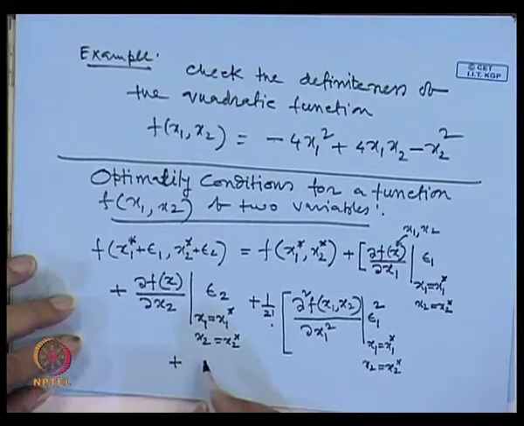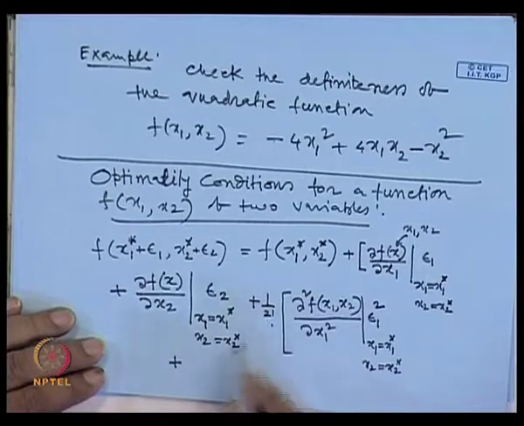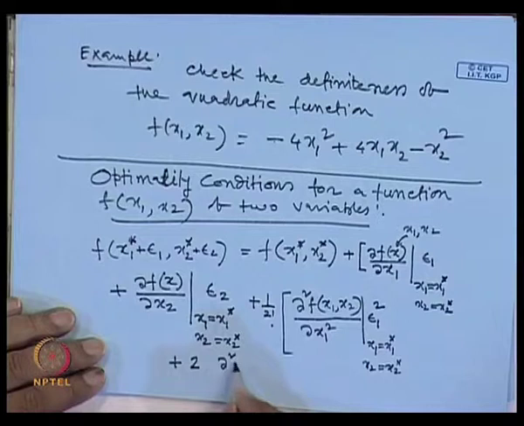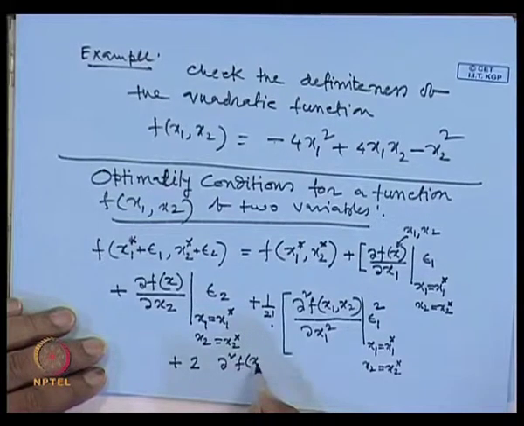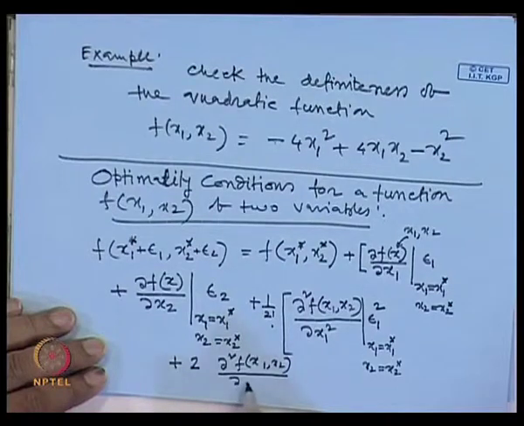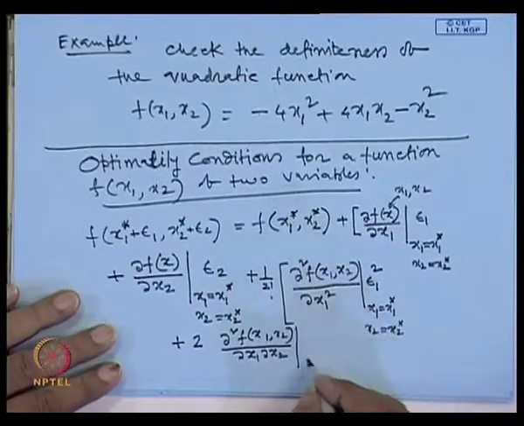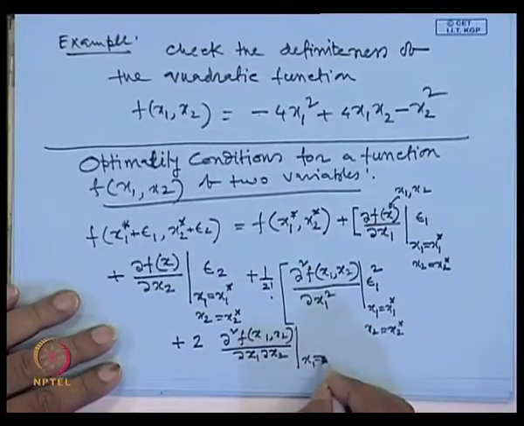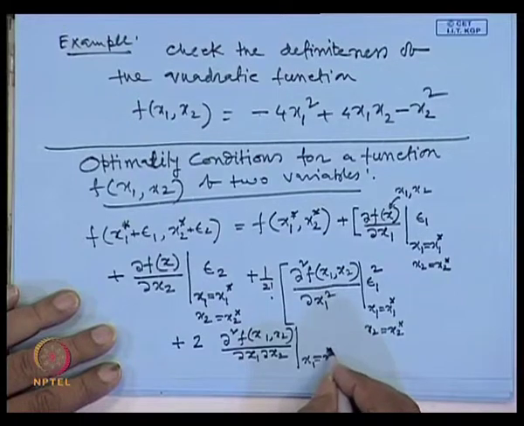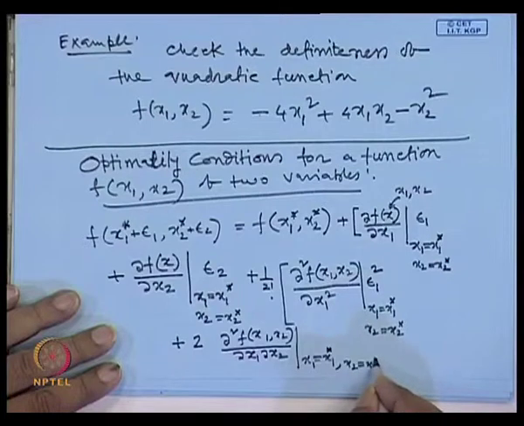is your half is common. So, next term is twice del square f x 1 x 2, differentiation with respect to x 1, then with respect to x 2, at what point? x 1 is equal to x 1 star and x 2 is equal to x 2 star, agree, plus.